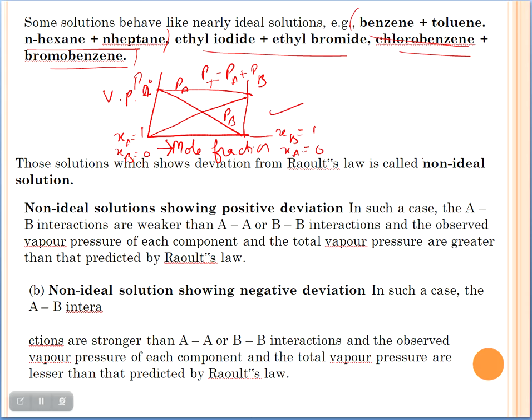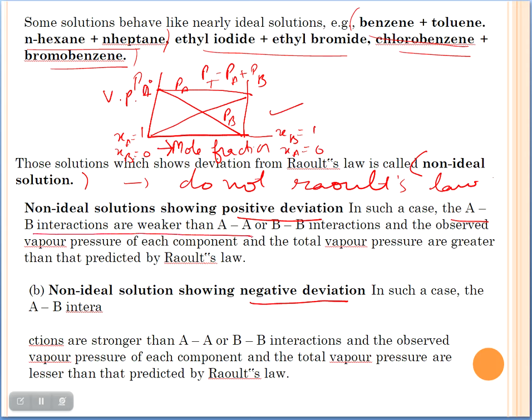Now there are also non-ideal solutions, which do not obey Raoult's law. There are two types: positive deviation and negative deviation, which show non-ideal solution. In positive deviation, the AB interaction is weaker than AA or BB interaction.